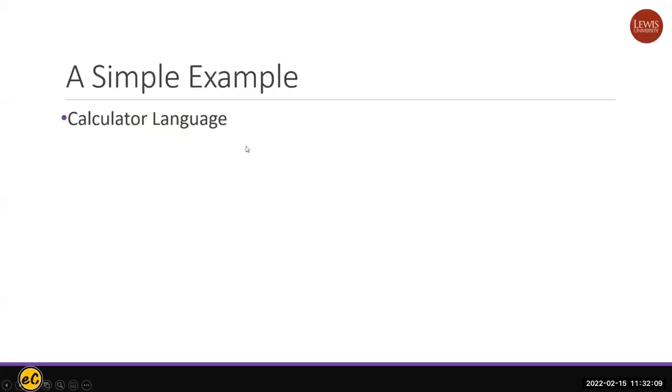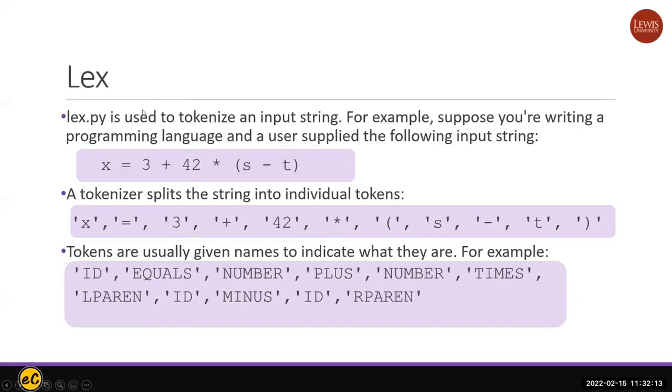And then let's look at a simple calculator language that we have. Lex.py is used to tokenize the input string. It is a module that you can import. So you can actually parse such a thing into tokens.